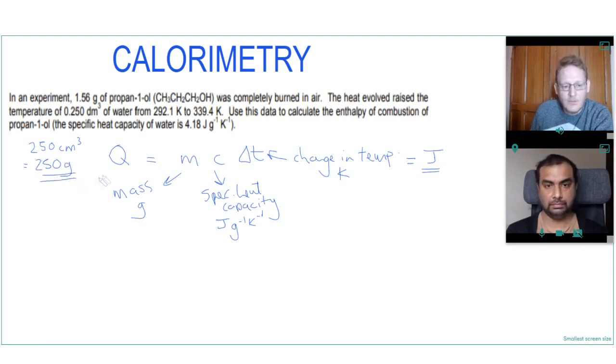So now we can put that in our equation. So Q will equal 250 times the specific heat capacity of water, which is 4.18, times the temperature change of the water, which from 292.1 to 339.4 looks to me 47.3.